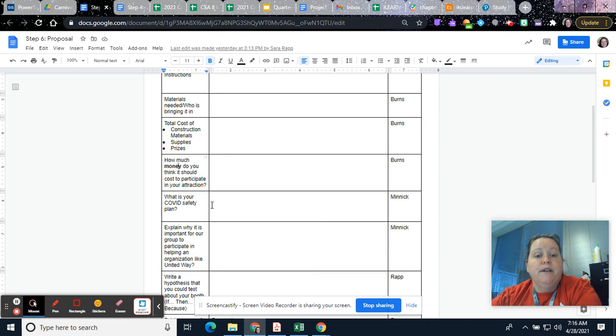What we will do when we have all of these proposals done is we will start deciding on if we're going to do tickets, if we'll do an unlimited pass, like what are we going to do for people to play your game? And all of that information is going to come because your group has already thought about how much money it should cost to participate.